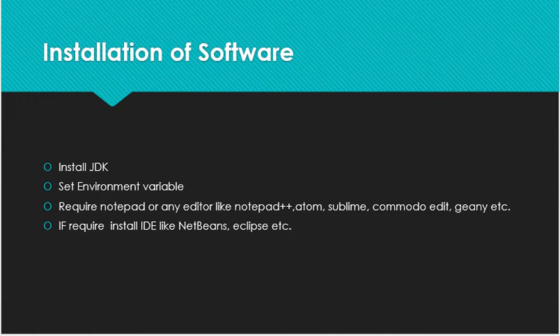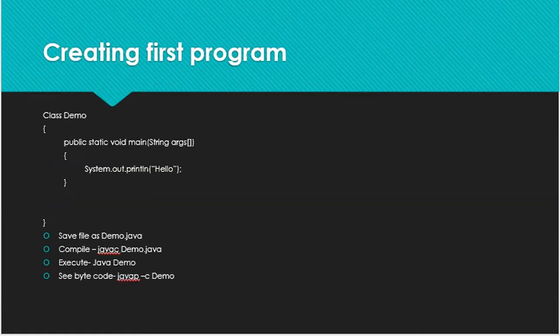So first of all, let's develop the first program that is written over here. As we discussed, Java is an object-oriented programming language, so everything should be written inside a class. Here we have defined the class name as Demo, where class is the keyword.